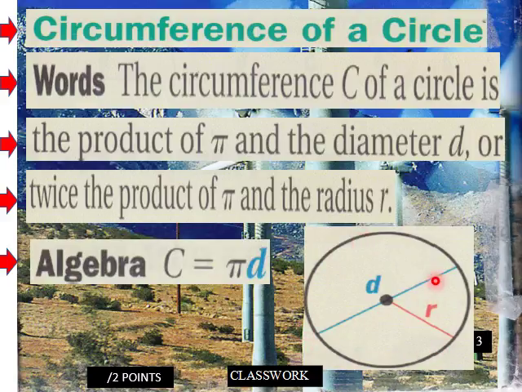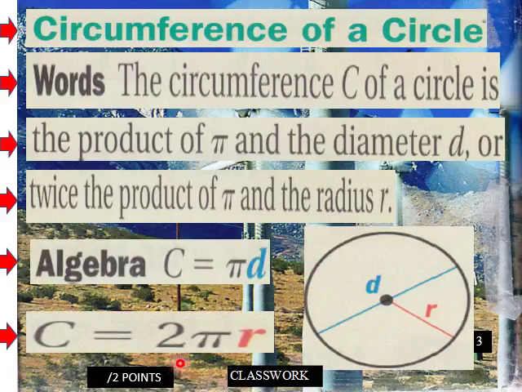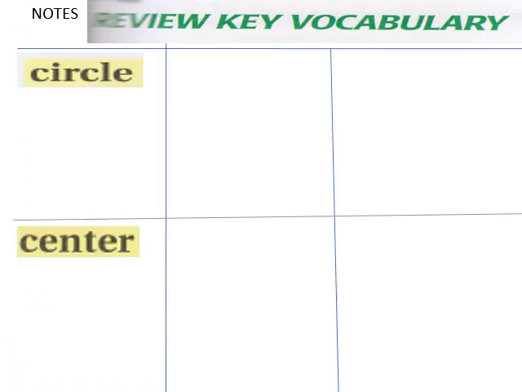For this situation here, it'd be 3.14 times d would be the length of your circumference. 2 pi r will be another way of doing it. 2 times your r is your d. So same thing here, same thing.